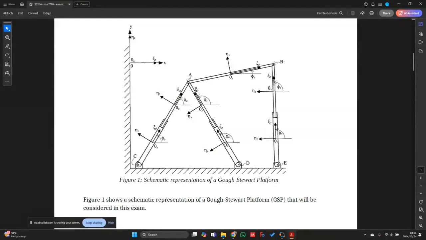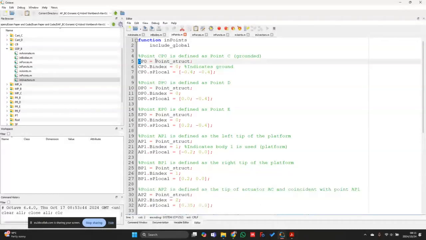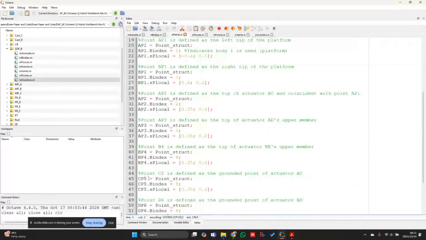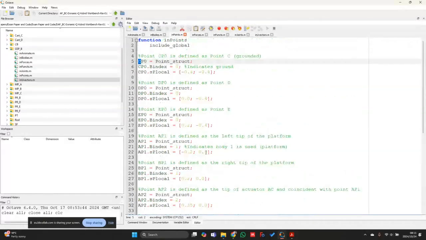So on a revolute joint, we know that it's a connection between two bodies. In the case of point C, we know that it's between body 0 or ground and then body 5 as well. So we expect to have a CP0 and then a CP5 as well. And we can see there's a CP0. If I scroll down a bit, there's a CP5 as well.